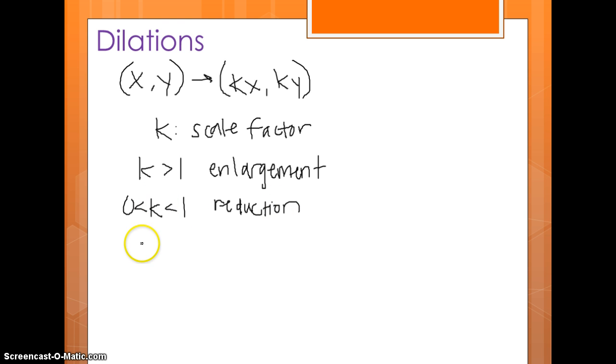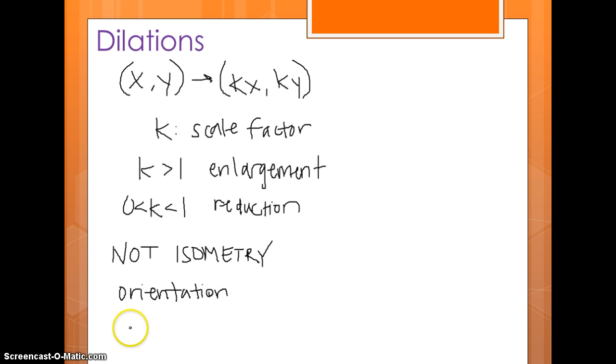Dilation does not make an isometry. It is not an isometry because we are changing the size. But the things that do stay the same: our orientation stays the same, and our angle measure stays the same even when our shapes get bigger or smaller.